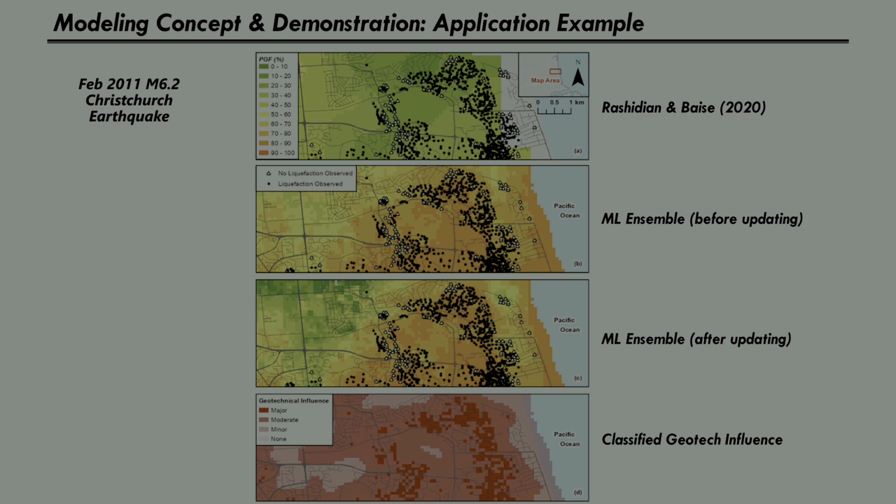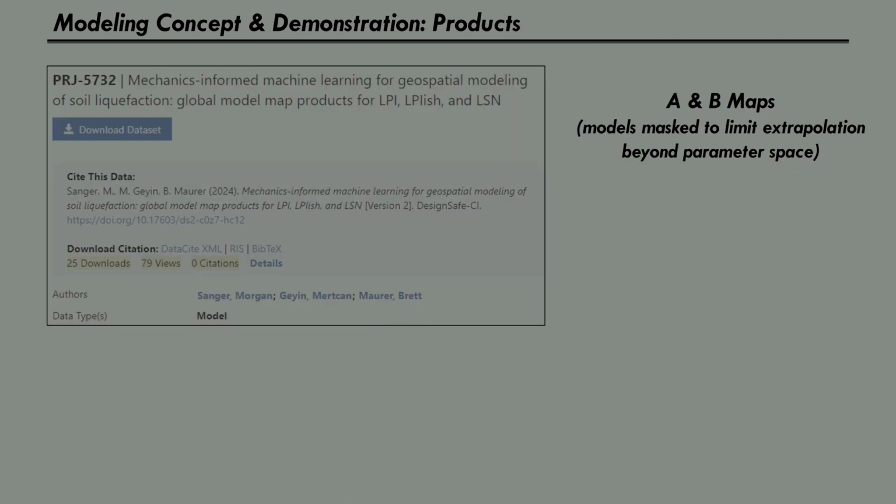I will also just point out that we can take the variance that is produced by the updating process, and we can classify that to show people where the predictions are influenced by geotechnical data and where they're simply the predictions of machine learning. So we have put our products on Design Safe.